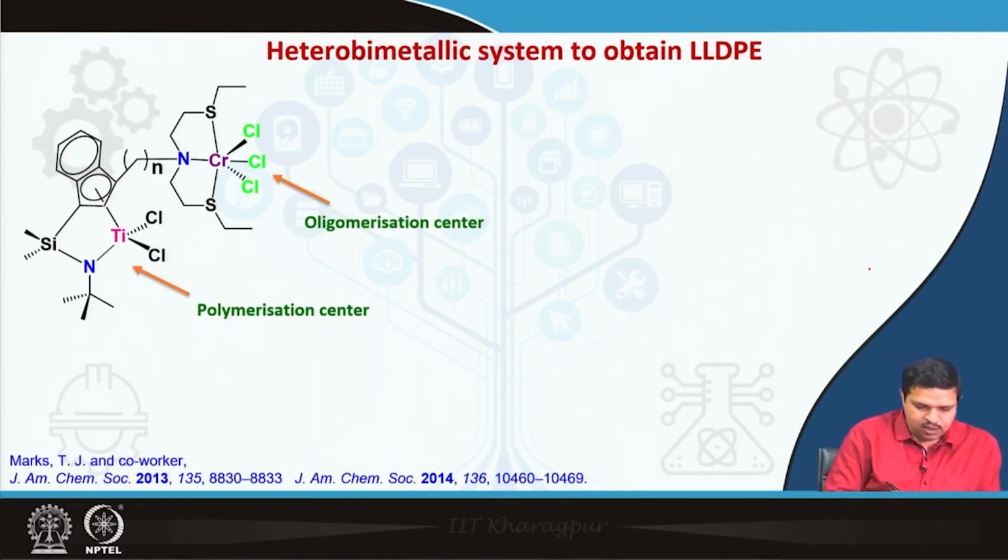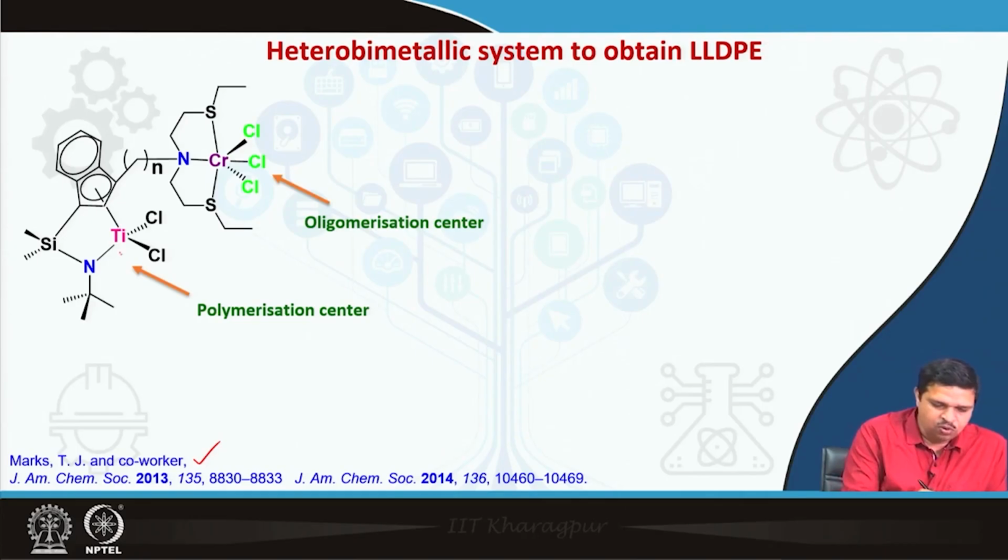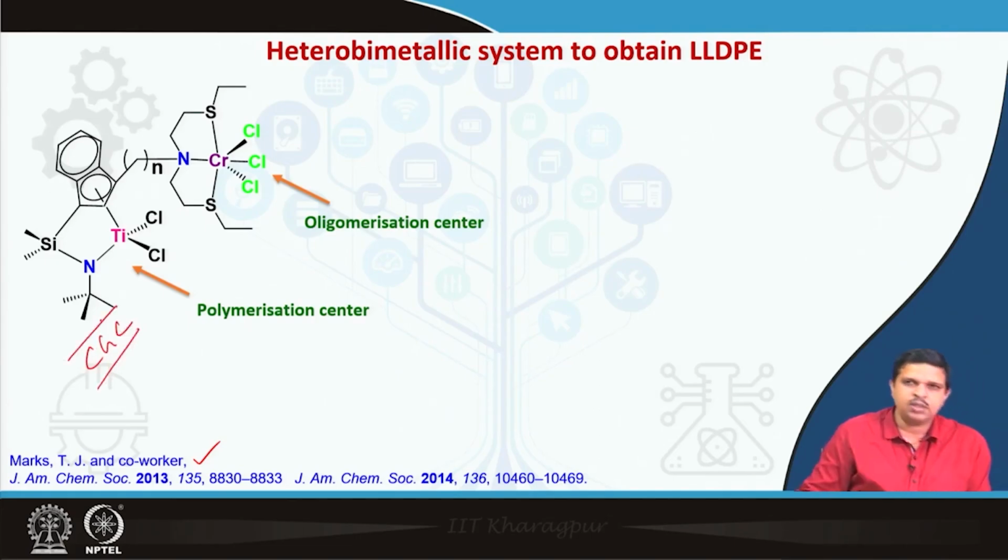Tobin J. Marks developed this very novel catalyst quite recently. We know this is a CGC type of catalyst, which we already discussed in our previous classes, so I will not go into more detail.